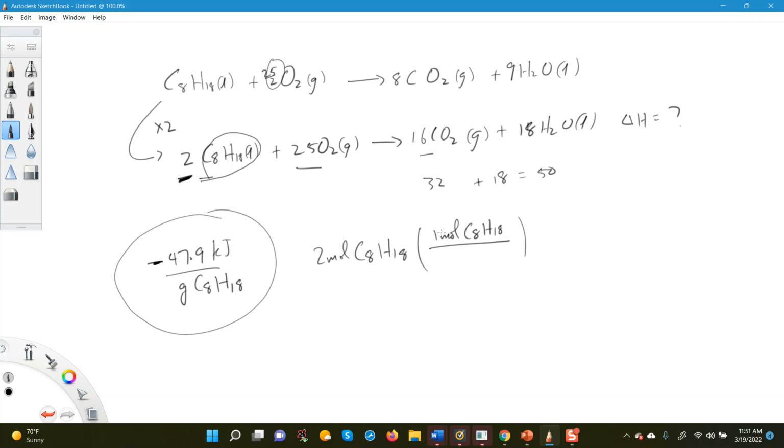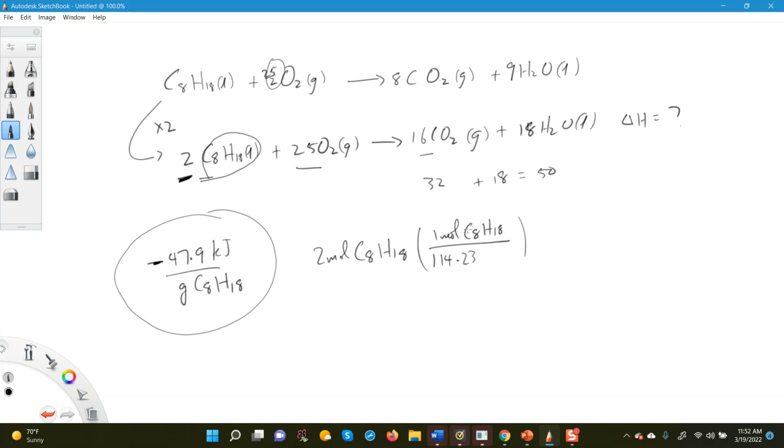I'm using my molar mass calculator here. C8H18. Okay, so according to what I get here, the molar mass of octane is 114.23 grams per mole. So we're going to put down here 114.23 grams.